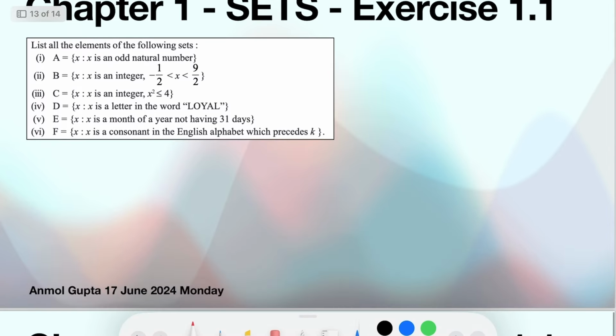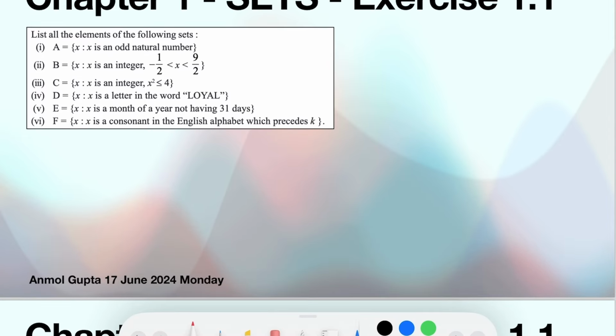Moving on to the next question, list all the elements of the following sets. A equal to set of all x such that x is an odd natural number. So A is equal to 1, 3, 5.